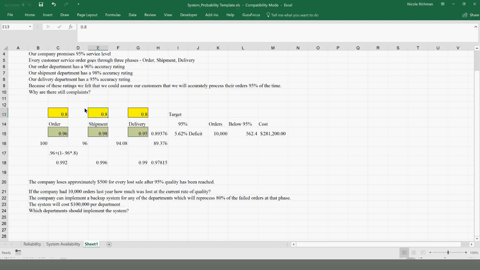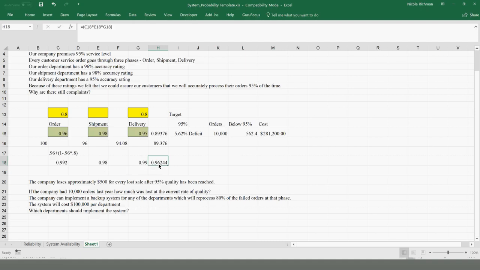And we can do a little bit of trial and error, or we can take a look at where we're losing the most orders. And right off the bat, we're losing 4% here, and then we're losing another 2%, and then another 5%. So let's take a look at just taking out this middle piece.